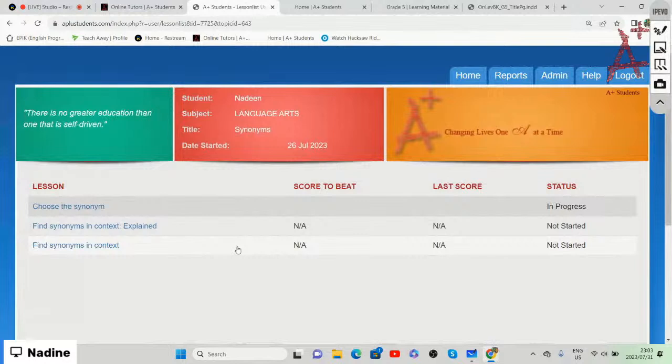So we're going to explain it some more. And then find synonyms in context, right? So in context will be explained, and then also synonyms within context. All right, so now we are going to start with our first lesson, which is choose the synonym.